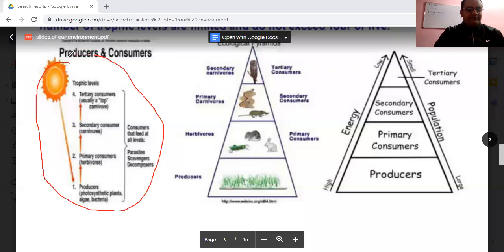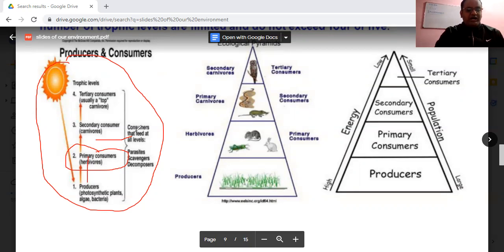So at the first level, who are the producers over here? The producers are definitely the green plants, or we can say even the algae and the bacteria also. So the producers are preparing food. Now that food is being captured by the primary consumers, who, as in the first class we discussed, are the herbivores.